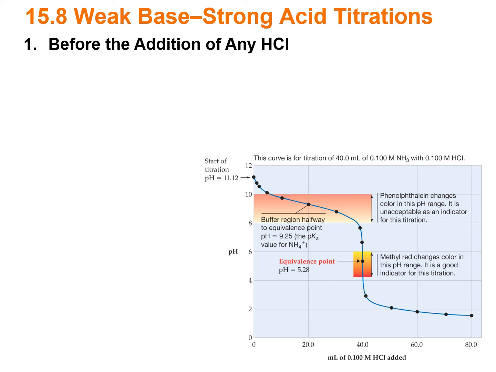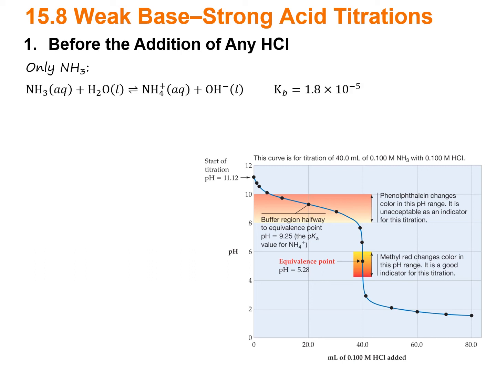What we're going to look at for this titration is just ammonia, a weak base. We're going to consider a 40 milliliter solution of 0.1 molar ammonia being titrated with 0.1 molar HCl. Before the addition of any HCl, we're just looking at a weak base in water. And so Kb is 1.8 times 10 to the minus 5. We'd set up an ice diagram.